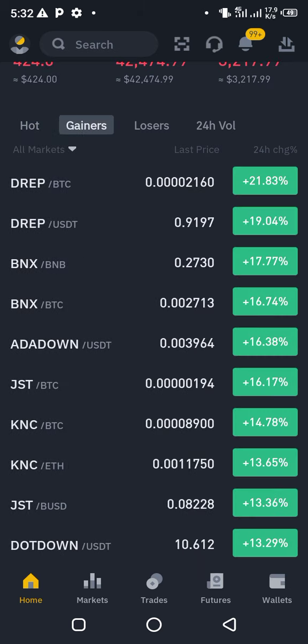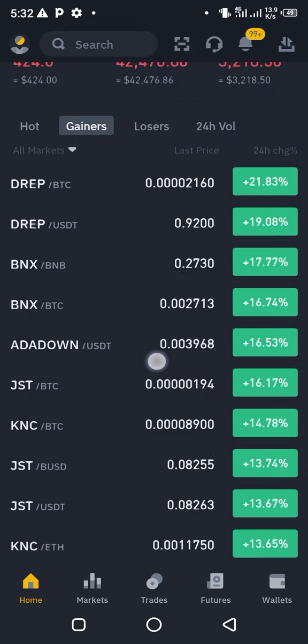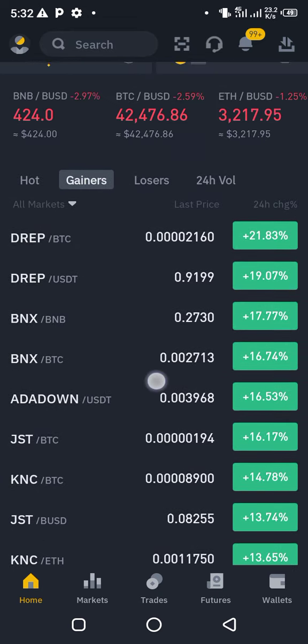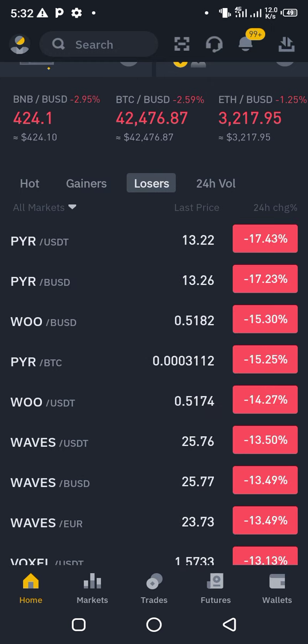On the gainers section, this is telling you that people are buying this coin massively, and demand is apparently higher than supply. That's why we see that they are green here and the volume is high to the upside. Now the top losers, that's what we're talking about today.